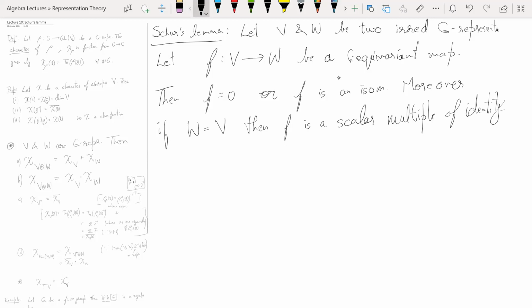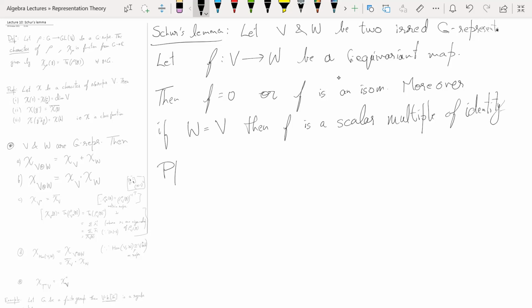If V and W are the same, it's just the scalars. So there are no complicated G-equivariant maps between irreducible ones, and hence between any two representations, it's just identifying some particular sub-representation or killing something.